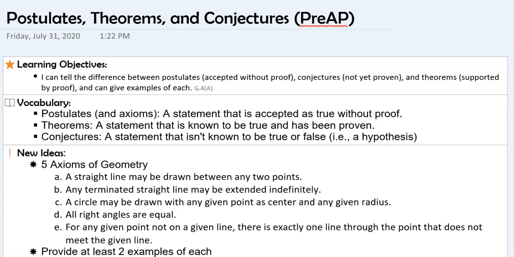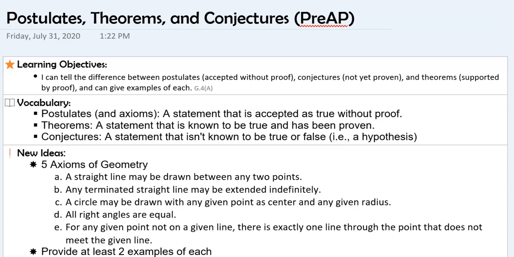And then there's lastly our conjectures. Conjectures are a statement that isn't known to be true or false. It's kind of like a hypothesis in science. You're making a guess.